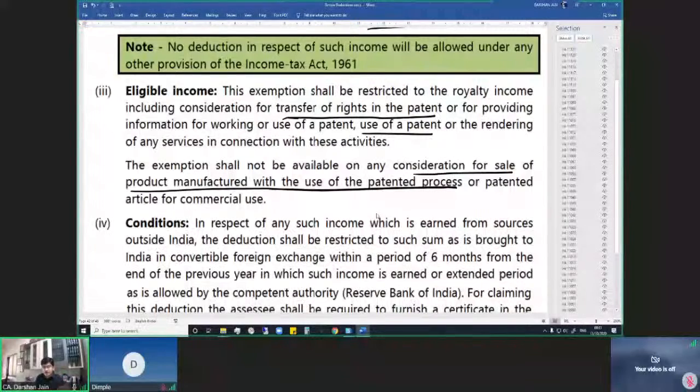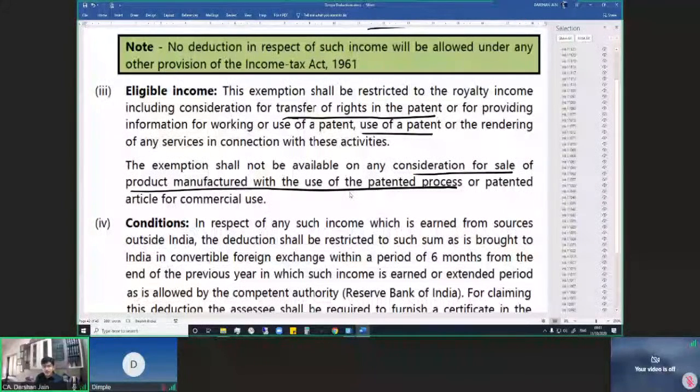Whatever you derive out of the use of the patent or the transfer of the patent itself would only be eligible for deduction here. If you are claiming revenue from sale of a product that has been produced using the patented process, that would not be eligible for deduction here.